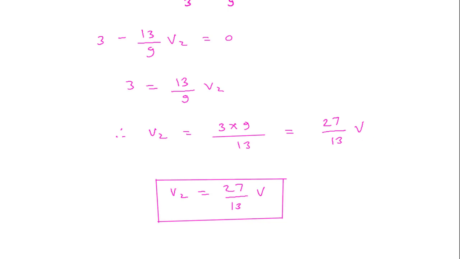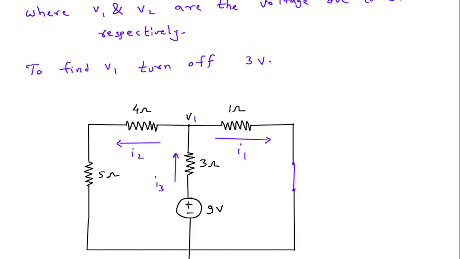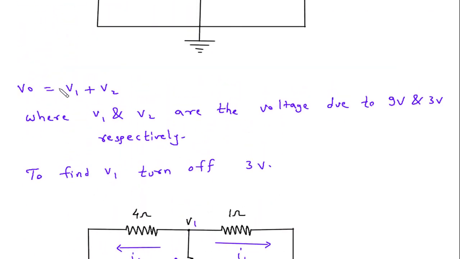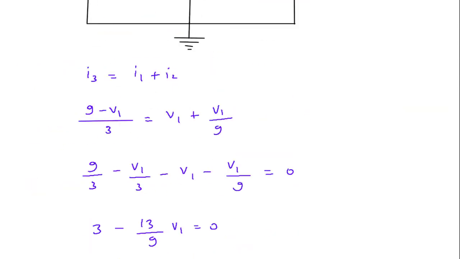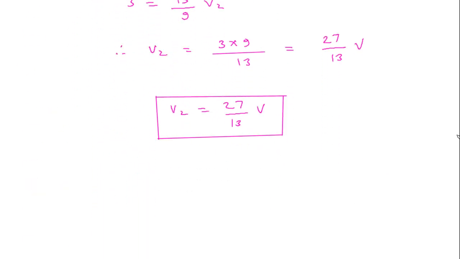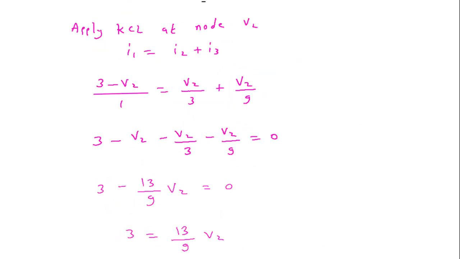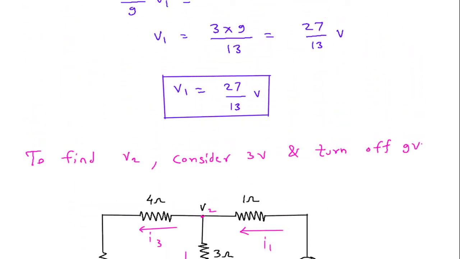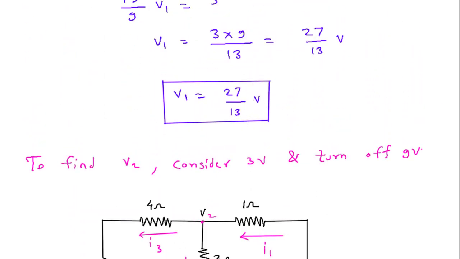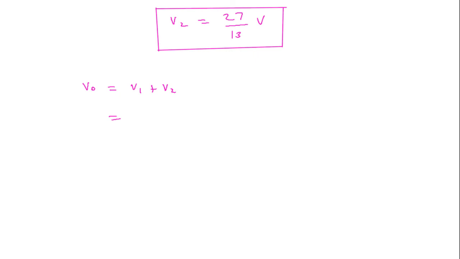Now what we have to find? We have to find VO. VO is equal to V1 plus V2. V1 is 27 by 13 volt, and V2 is also 27 by 13.